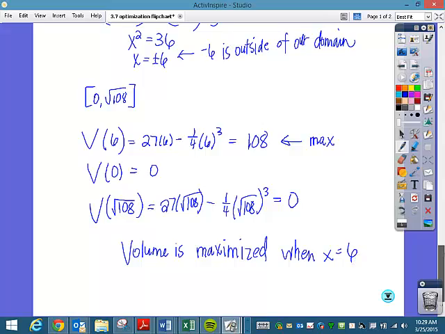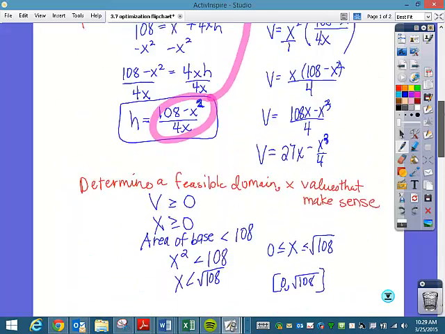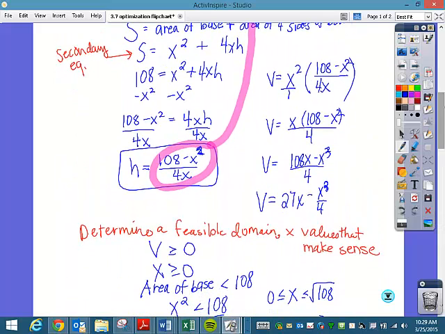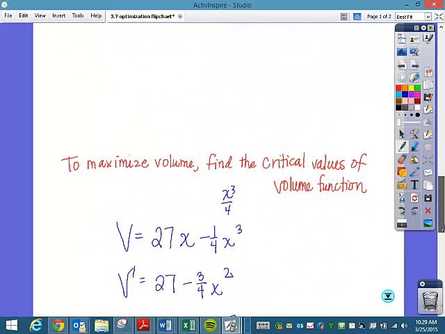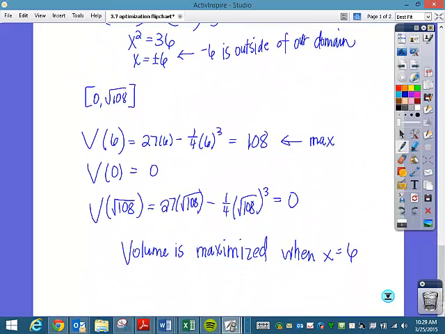And if you remember from a long time ago, we found this equation for height. If we know what x is, the length and width of our base, we can find the height. So you plug 6 in here for x to find your height.